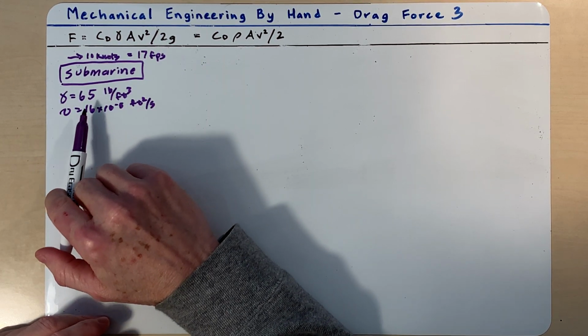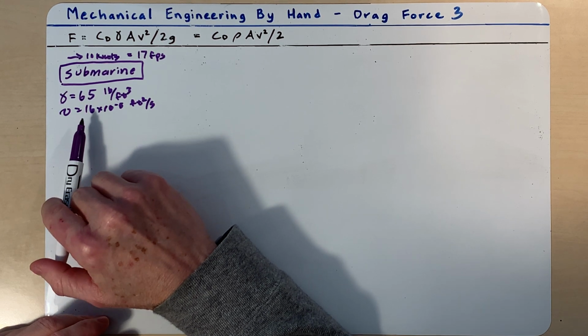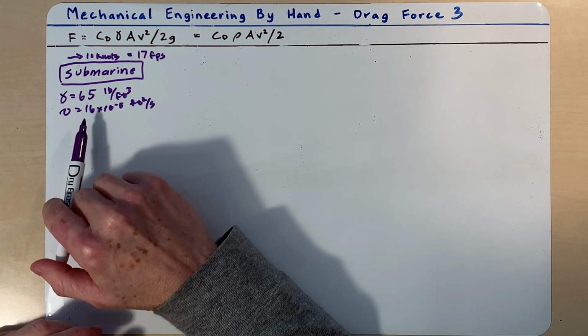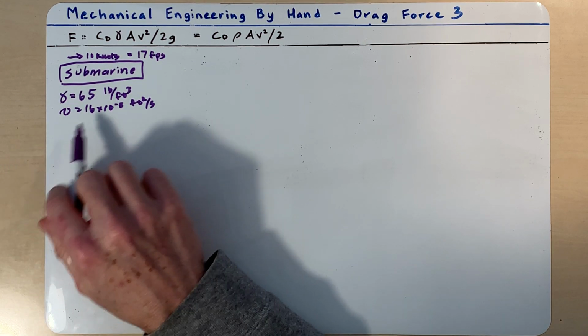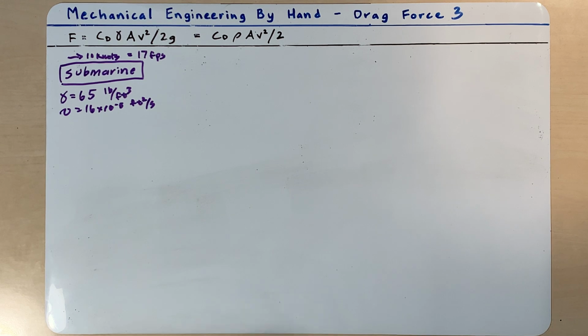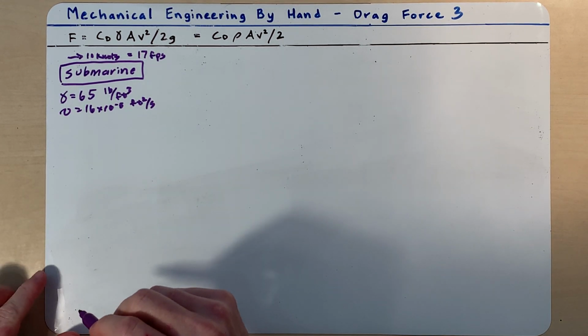So that ratio would be 65 divided by 0.075, which is about 860. So the force from the seawater would be 860 times that of air.